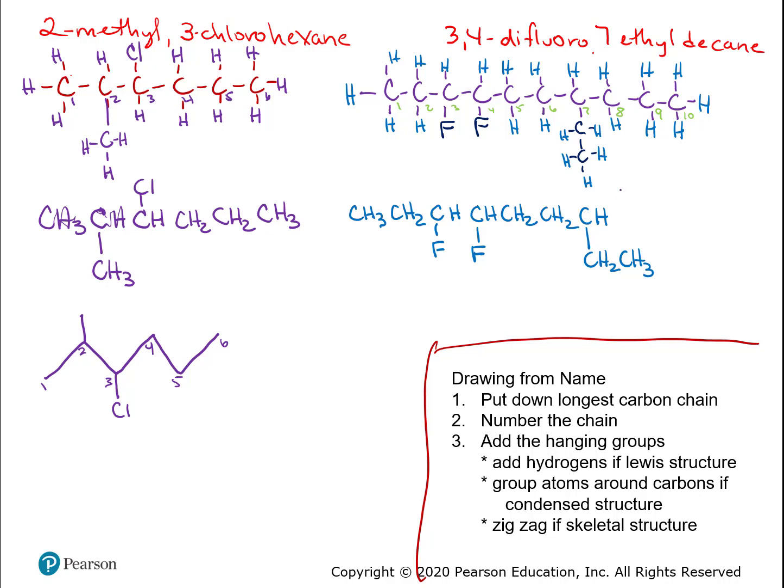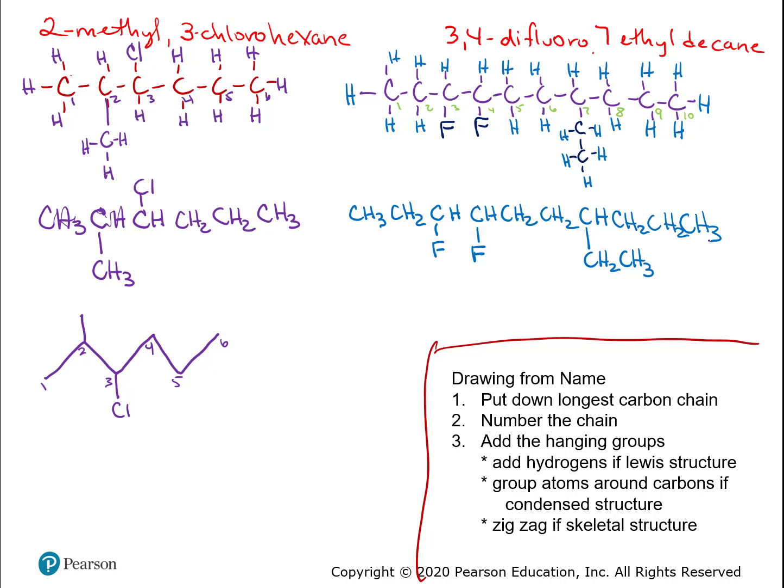Now, continuing on, 8 and 9 are both CH2s, and 10, CH3. That's a condensed structural formula. It just tells you what's around every carbon. So CH3 means a carbon with 3 hydrogens. CH2, a carbon with 2 hydrogens. All those carbons are linked, okay?